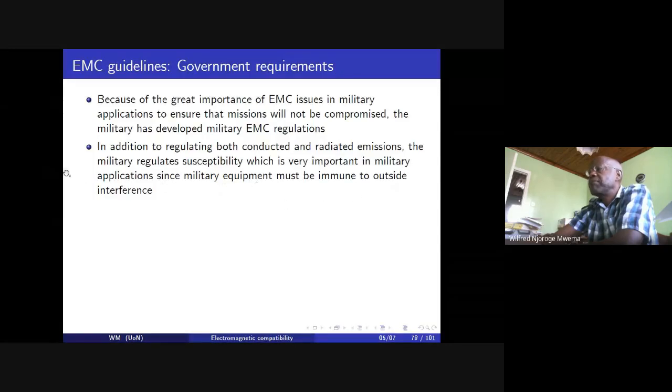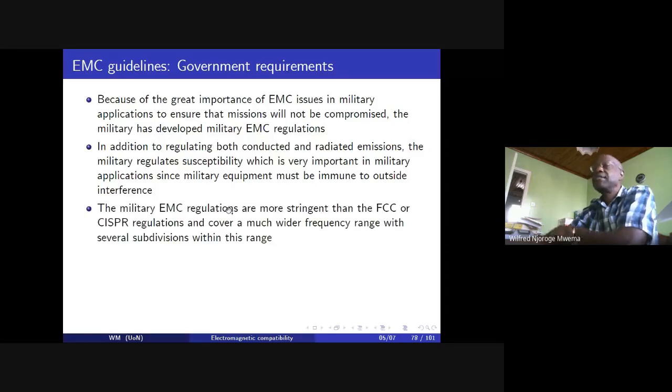Military equipment must be immune to outside interference, because the enemy will also be trying to jam the equipment. You want to make sure that the equipment will be able to work even in an environment with hostile radiation, such as jamming signals.